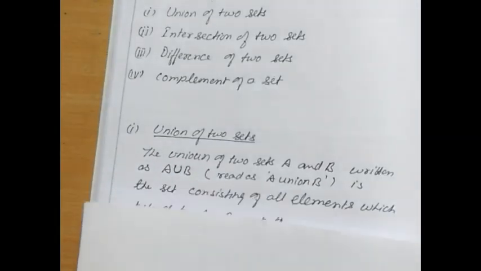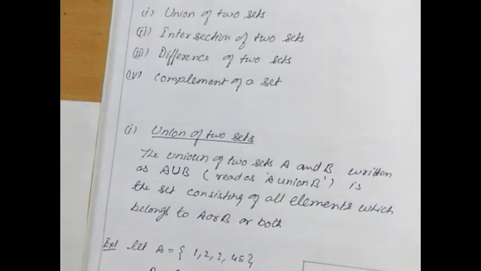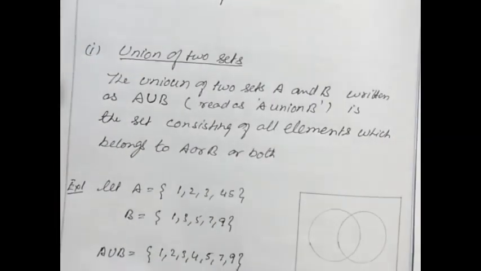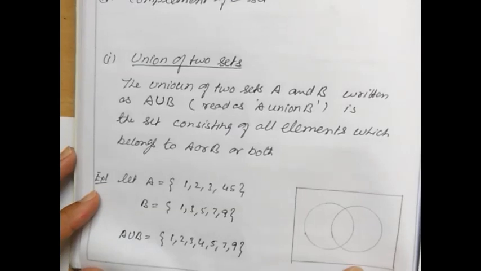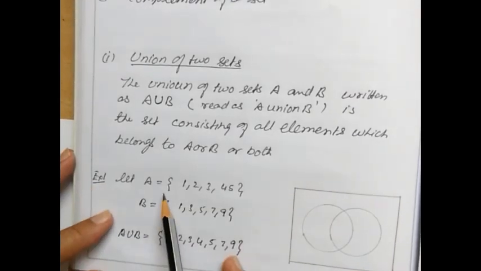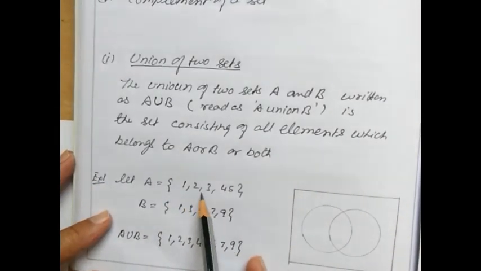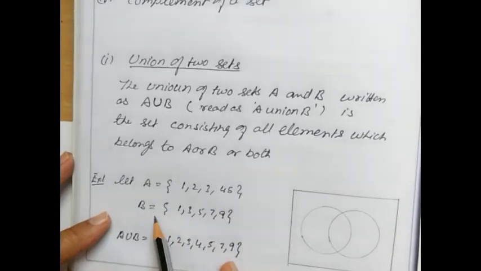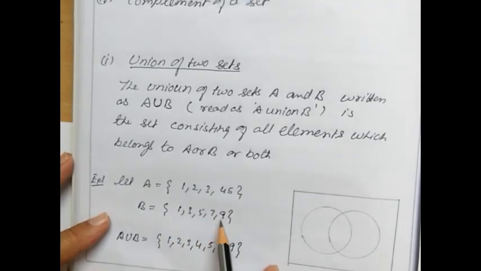To understand the union of two sets, let us consider an example. Let set A be 1, 2, 3, 4, 5 and B be 1, 3, 5, 7, 9.